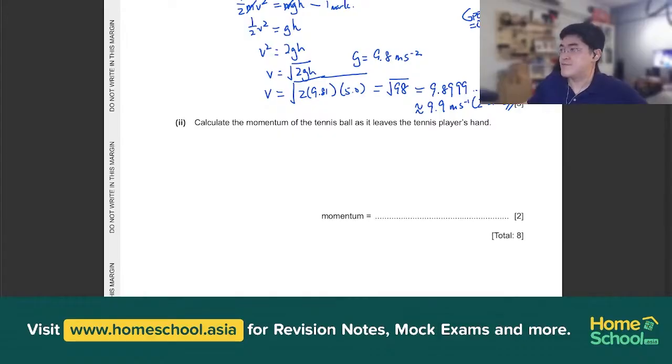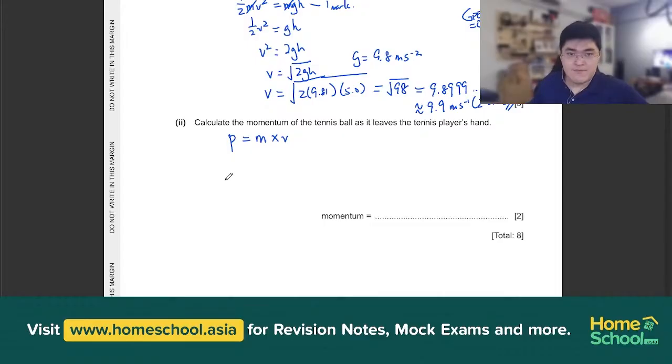All right. So, part 2, we have to calculate the momentum of the tennis ball as it leaves the player's hand. So just now, we have already stated that momentum, which is p, is equal to the mass of the tennis ball multiplied by the velocity of the ball, right?